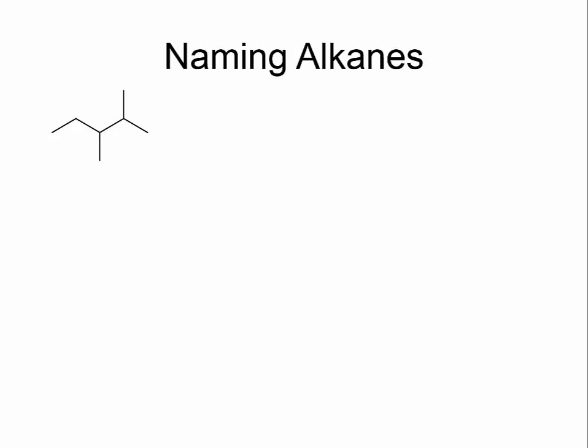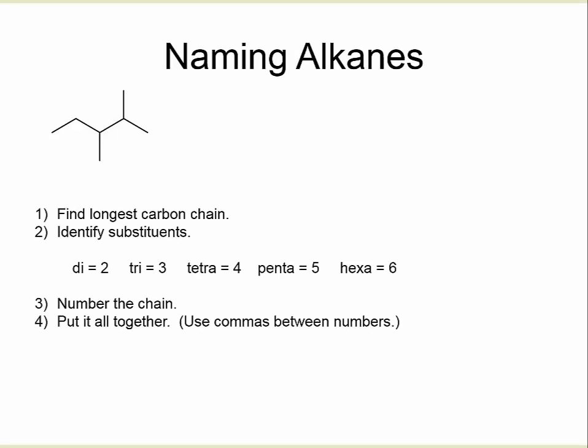Now here's a case that's a little bit more complicated. Let's give it a try. Remember our rules. We're first to identify the longest continuous carbon chain, and that happens to be here. It is a 5-carbon chain, so that we know that the root is going to be pentane. We need to identify substituents.